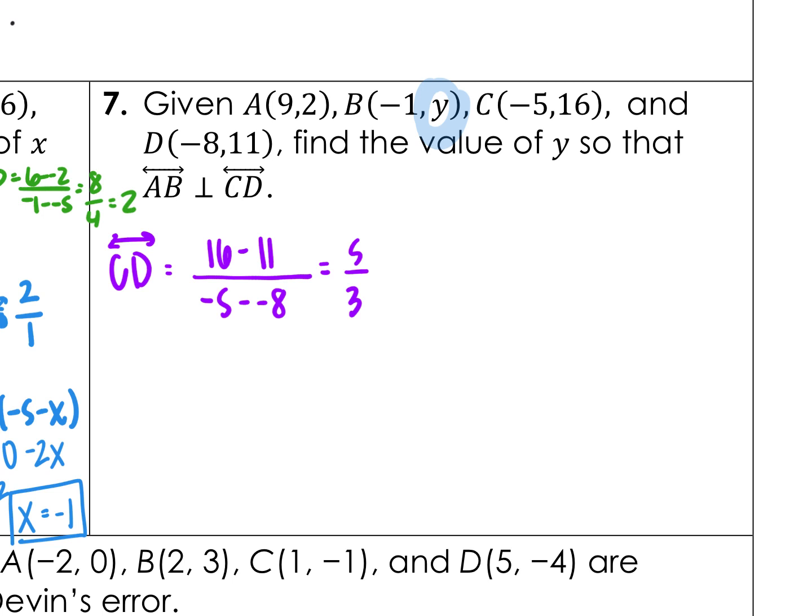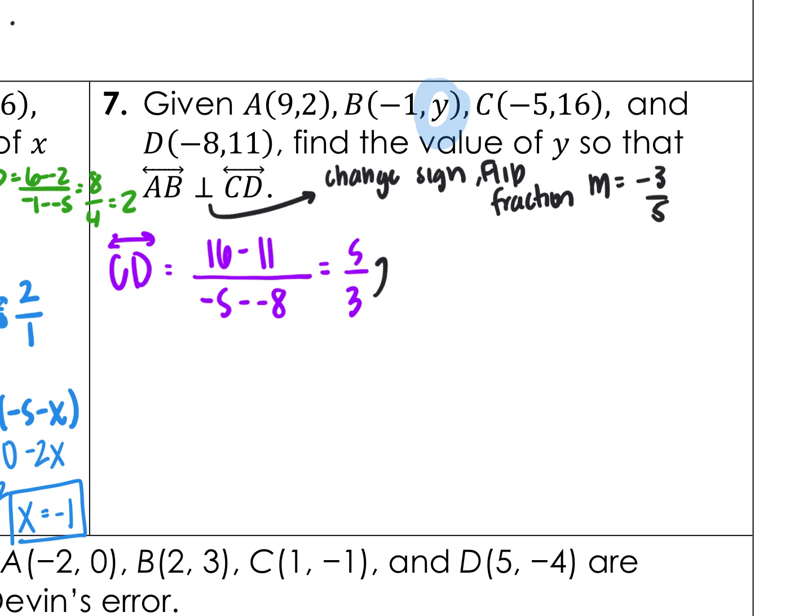If we want these two lines to be perpendicular to each other, we want them to be opposite reciprocals. So we need to change the sign, and we need to flip the fraction. So we want our desired slope of line AB to be negative, and then we need to flip this over, 3/5.